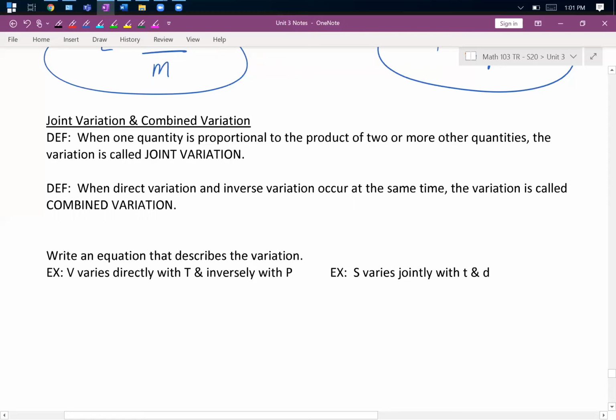And then combined variation is where we have direct variation and inverse variation happening at the same time. So we're going to be multiplying k by one thing and dividing it by another thing.